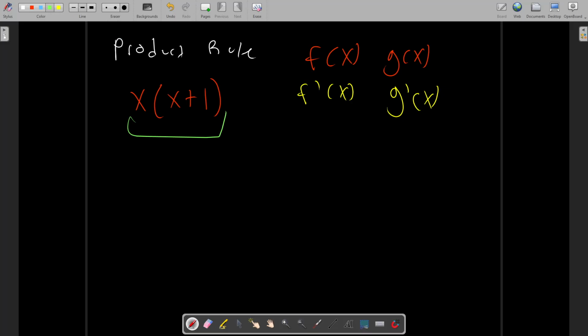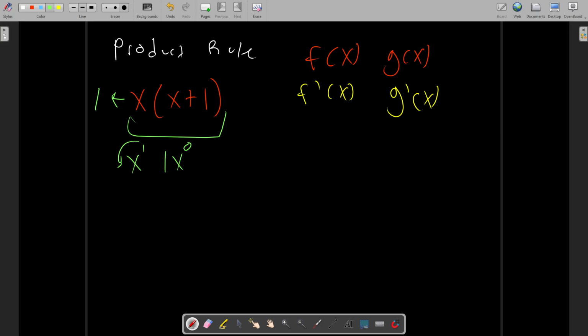Well, if we say the derivative of x is, well, first let's say this is x to the power of 1. So let's take down the 1 times x to the 1 minus 1 is 0. Now we know anything raised to the 0 is 1, so the derivative of x would be 1.